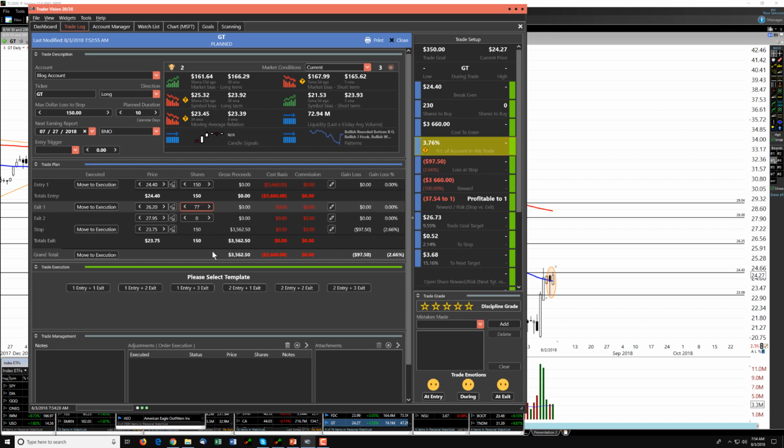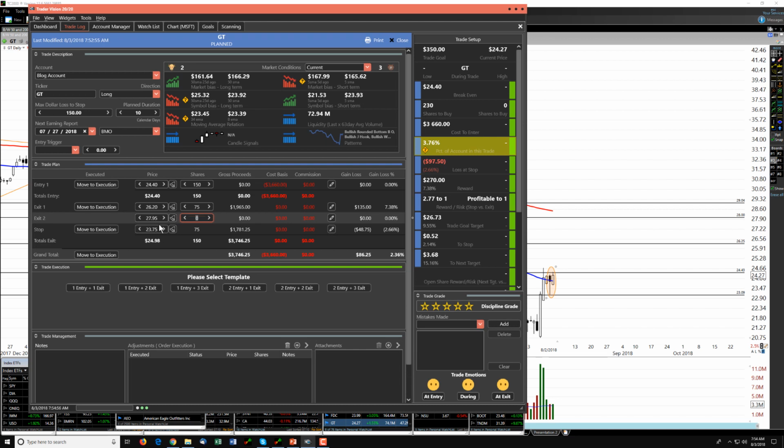If we sold 75 shares at that first target, we'd be getting close to 3 to 1, 2.75 to 1. We can make our entire trade goal if we make it to 26.73, so about 50 cents above this first target.